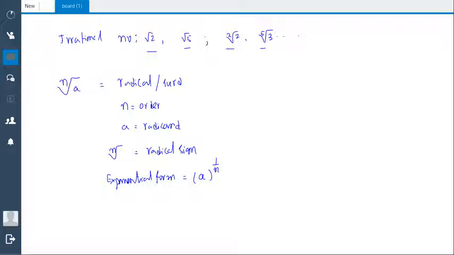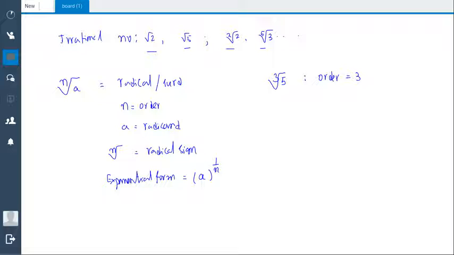Now, in the place of n, suppose you want to write 3, cube root of 5, for example. In this surd, what is the order? Whatever number is there in this corner, that is the order.